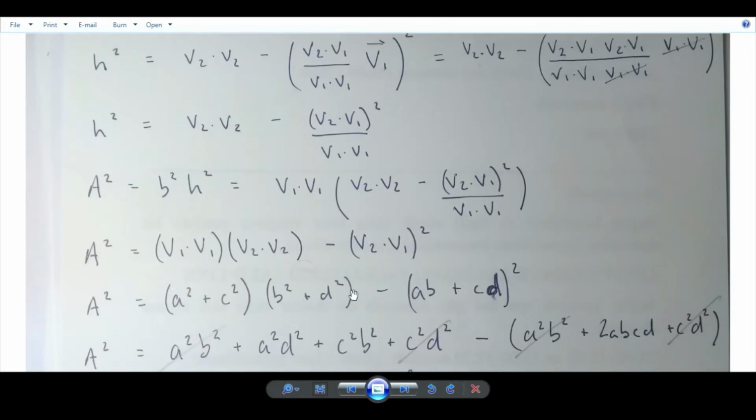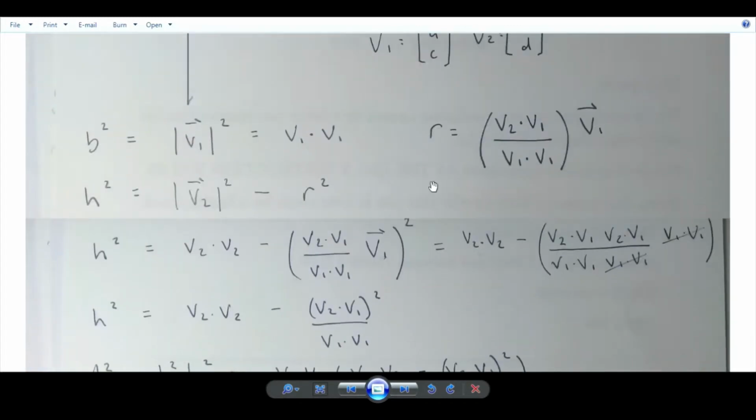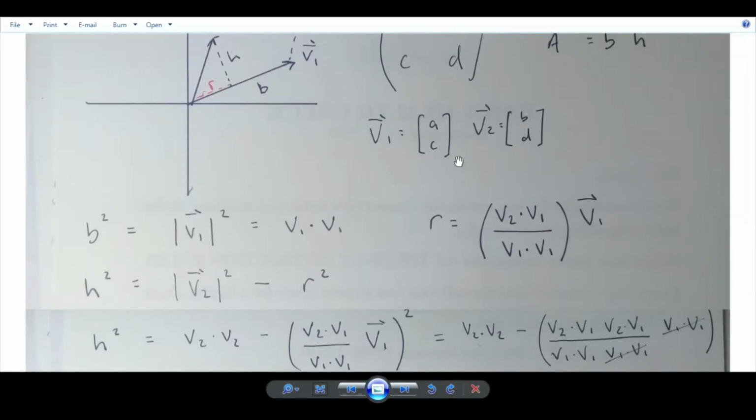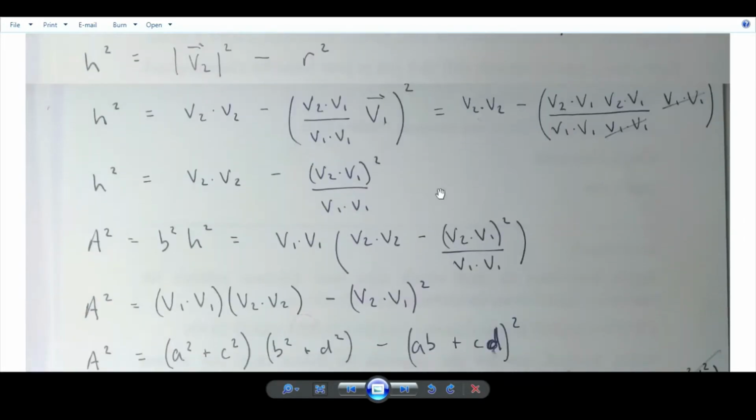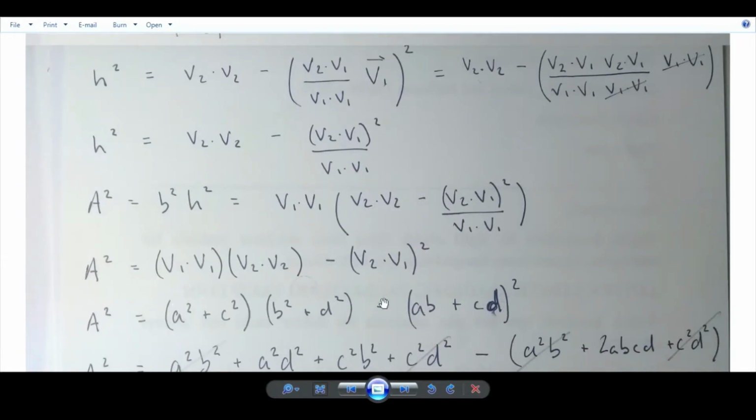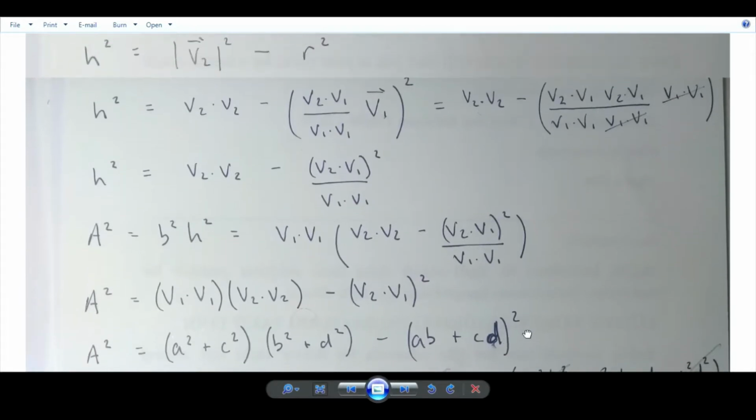That's exactly what I get there. So I'm just substituting in the actual values of the vectors. And what's v2 dotted with v1? It's going to be a times b plus c times d. That's what I've got there, with a minus, and that's all squared.